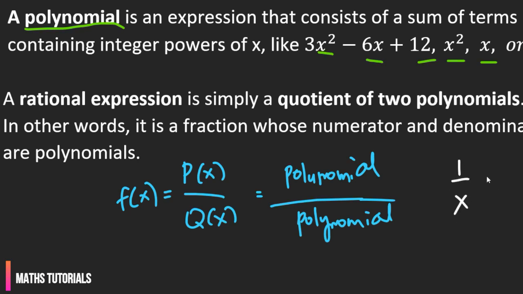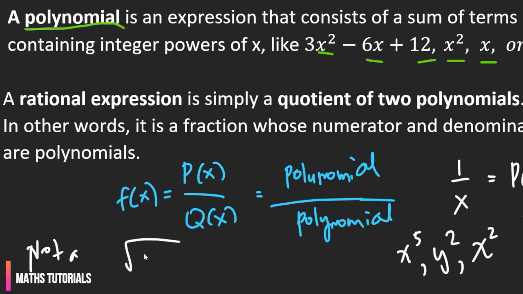What if we are given a fraction? Let's say for example 1 over x. Will it be considered as a polynomial? No, because any term cannot be a polynomial if it is divided by any variable. Okay? So what is considered a polynomial are terms with positive exponents, terms that are expressed in terms of variables. It cannot be a root of any term or a fraction.